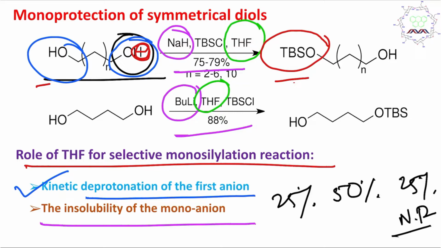So the next anion formation is not possible because it is not in the soluble form in the reaction medium, so it can't react with an additional base molecule. That's how selective oxygen anion formation is possible, and that selective oxygen anion reacts in the next step with TBSCl. In this way, the silylating reagent selectively silylates a particular alcohol.